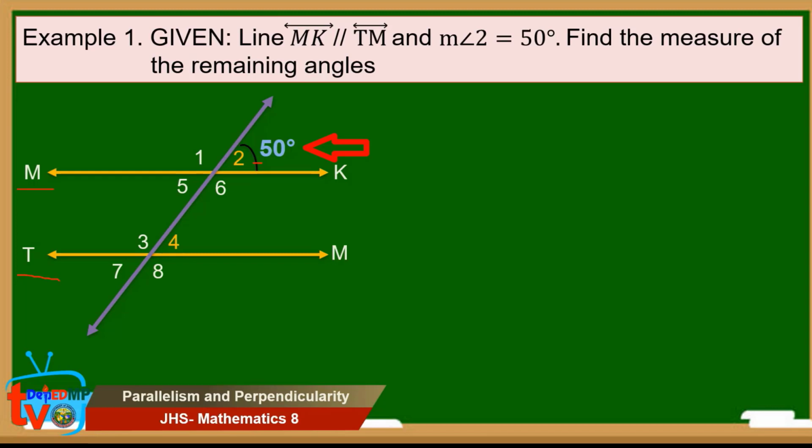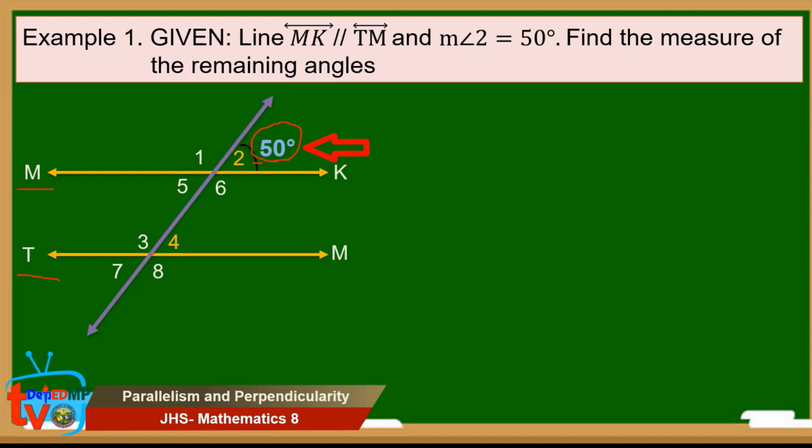First, always consider the given. In here, the given is the measure of angle 2, which is 50 degrees. Second, look at the best angle to be paired with the given, considering the pairs of angles discussed previously.